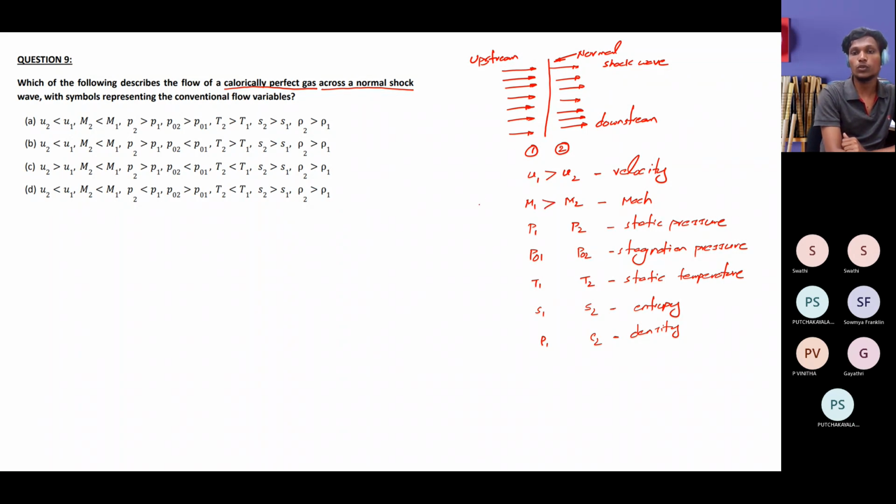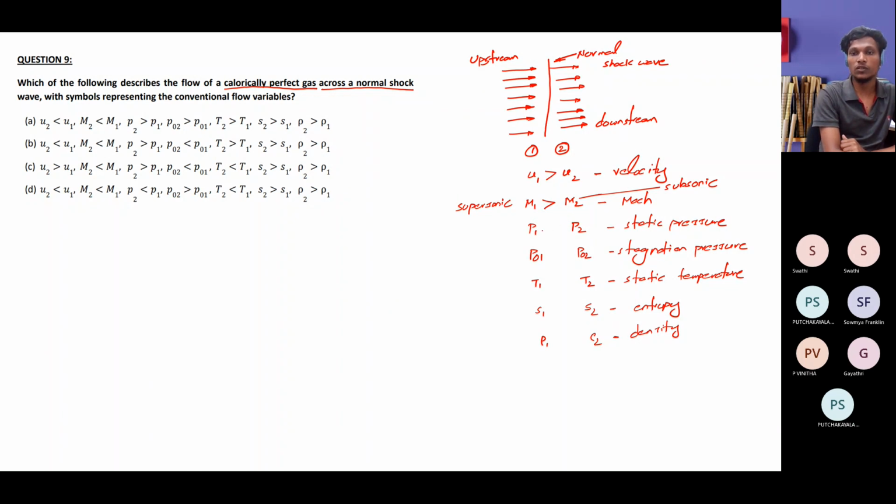The point I should mention here is that M1 is always supersonic, and M2 is always subsonic. This is universal for any normal shock wave. The upstream is supersonic and downstream is subsonic.